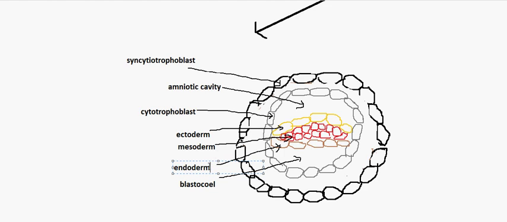Next we will see the stage called mesoderm spreading. In the mesoderm spreading, the mesoderm cells start to divide and divide and divide, and they become so many that they start to occupy these areas. They start to form another layer across this blastocele, and another layer across the amniotic cavity over here.